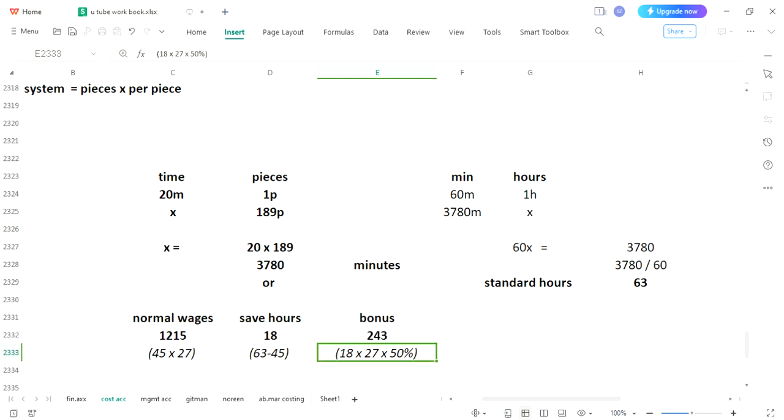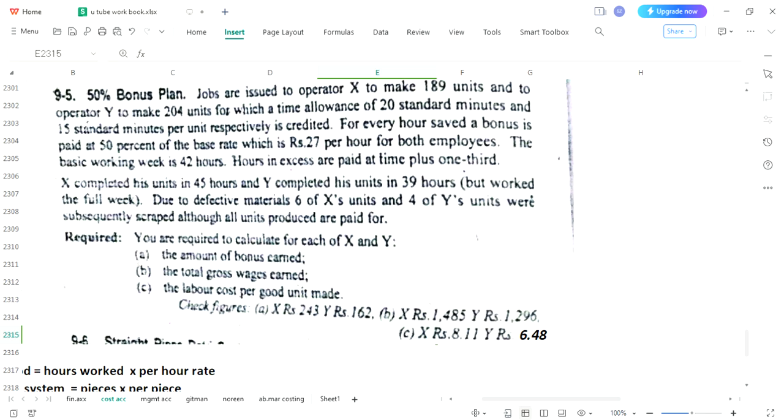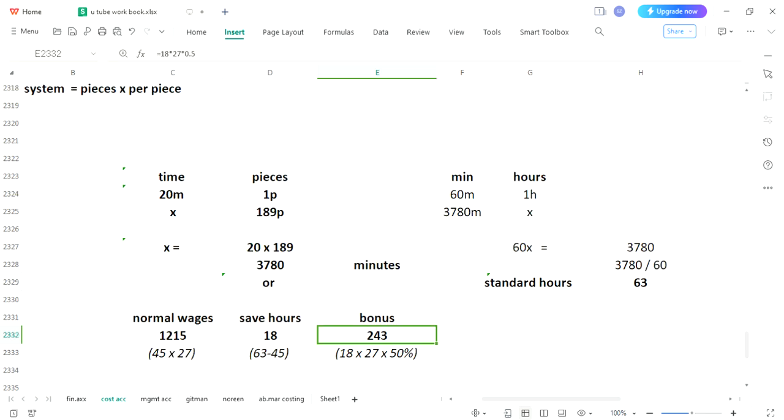So we have got our amount, 243, as the amount of bonus, and now we can calculate our total salary, total wages. Again, I'm just saying salary. So how will you calculate your total wages?